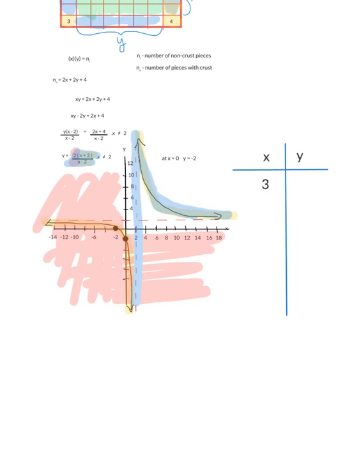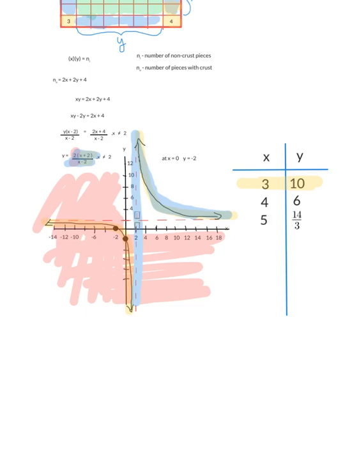When you plug in a 3, you get 2 times 5 divided by 1, so that's 10. Looks like we already have ourselves a solution. All right, let's try 4. With 4, you get 2 times 6, so 12 divided by 2, which is 6. That's another solution. At 5, you get 14 over 3.